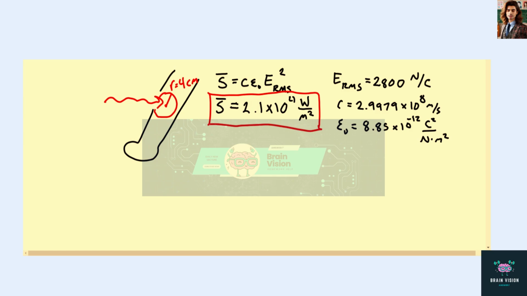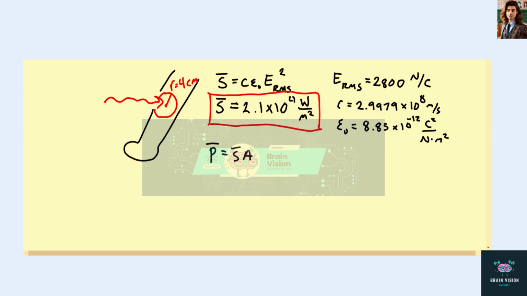Now in part 2, we're looking at this radiation focused on the person's leg, and what's the average power being delivered to the leg. So now we're looking at average power. That's equal to the average intensity times the area over which that's being spread out.